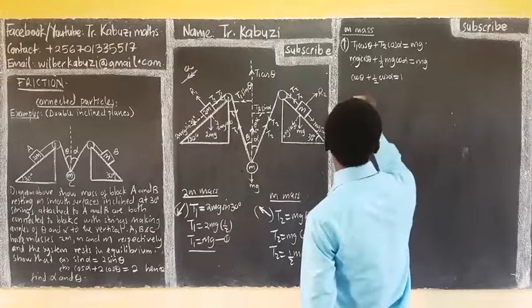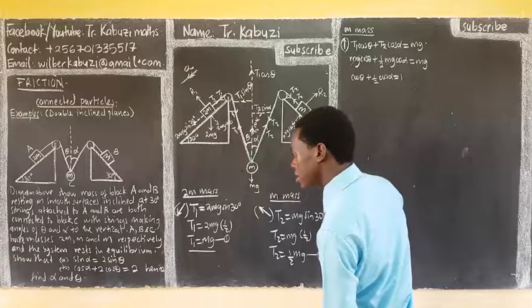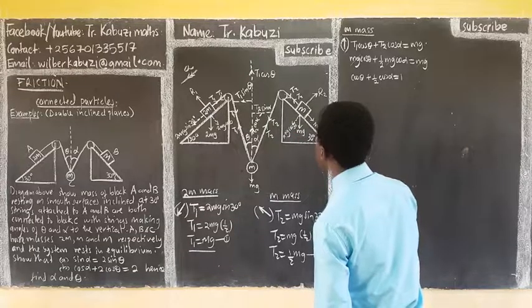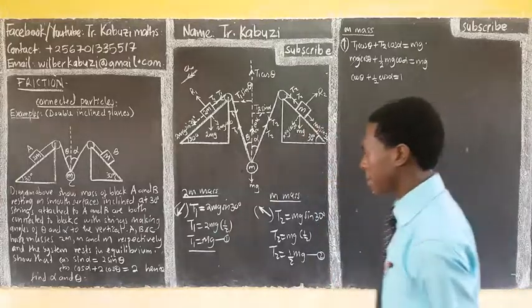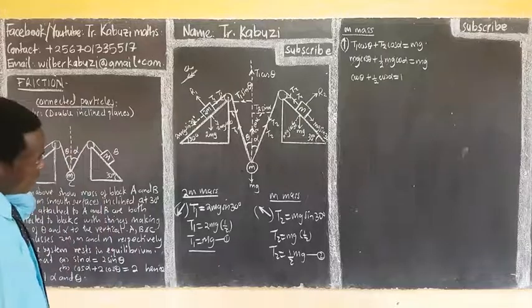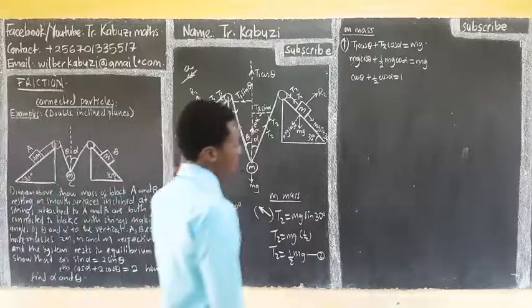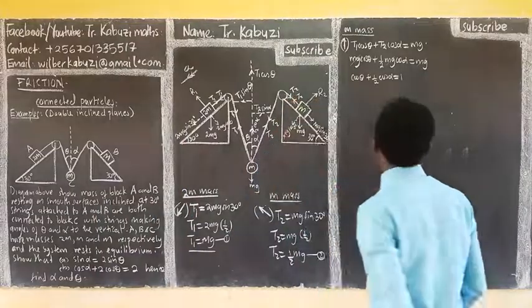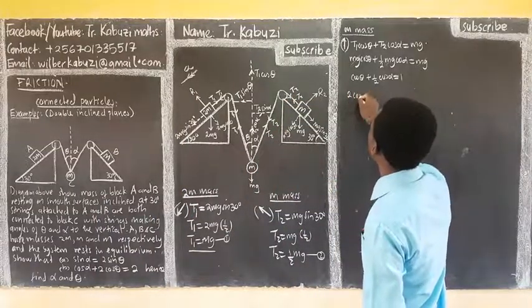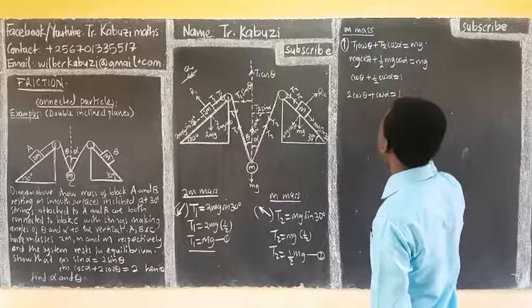Let us multiply through by 2. Multiplying by 2 gives 2 cos theta plus cos alpha equaling 2, sorry, this is 2.